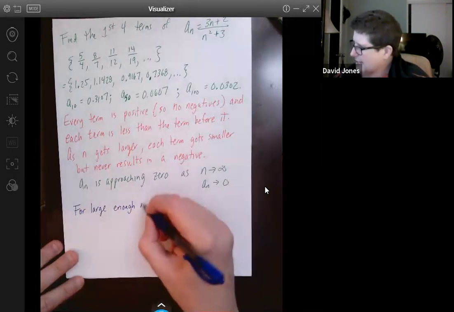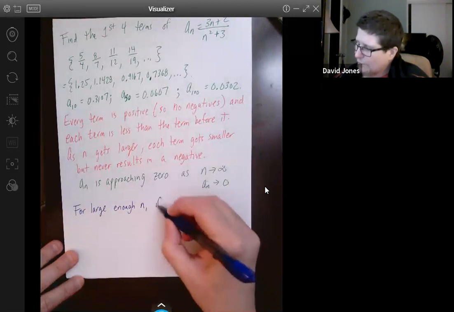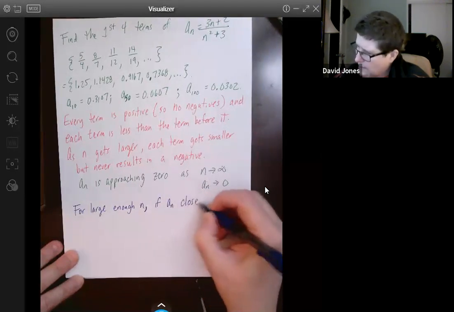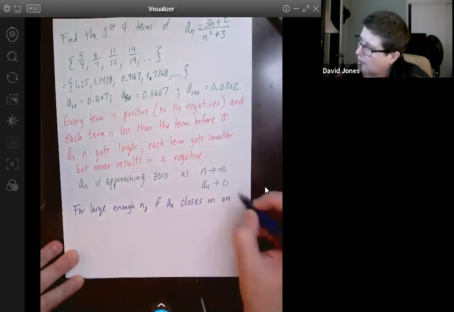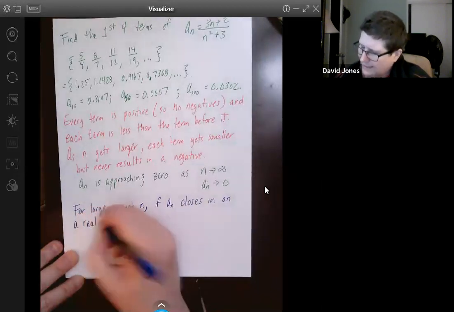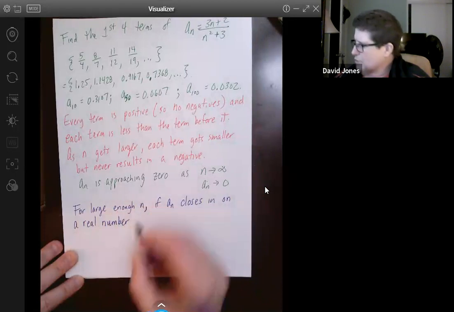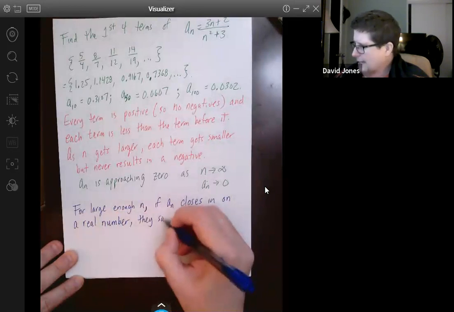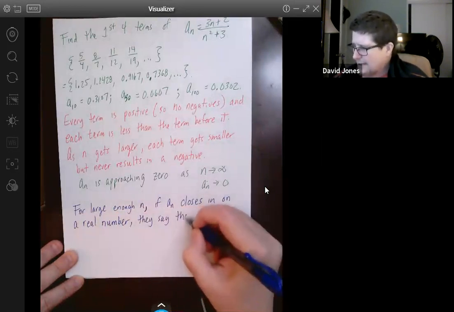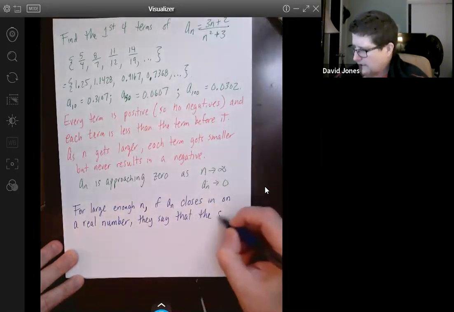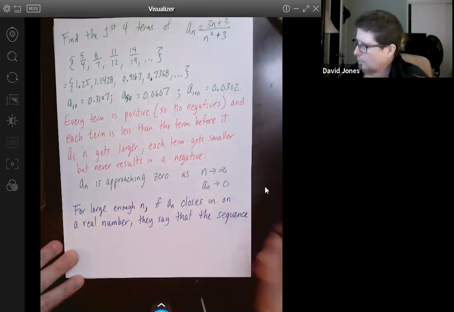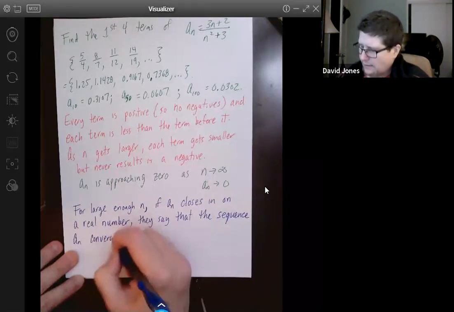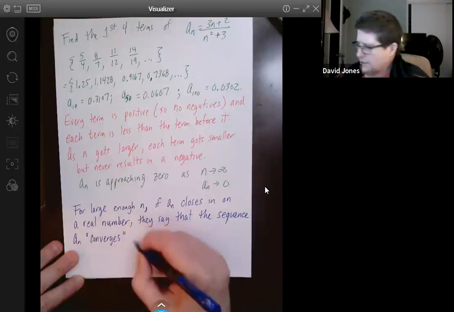For large enough n, if a sub n closes in on a real number, it doesn't have to be 0, just as long as it's approaching some real number, we say that the sequence a sub n converges to that number.